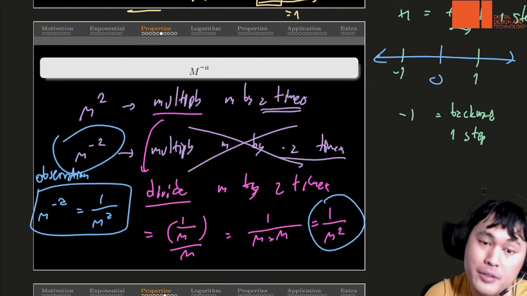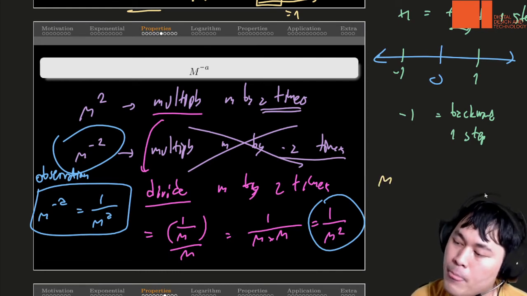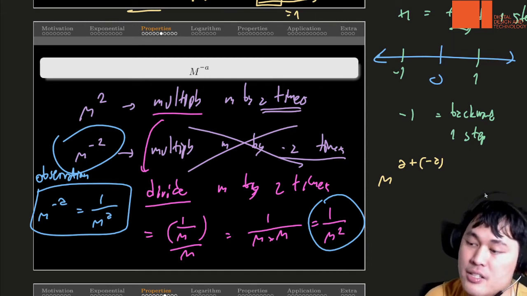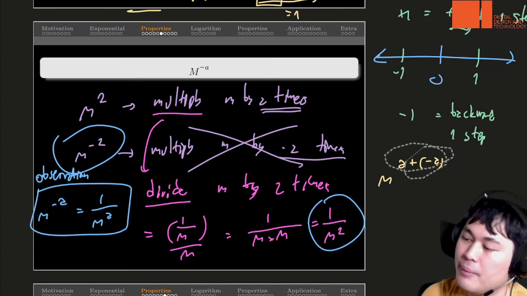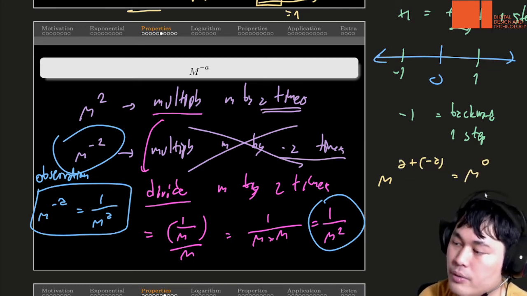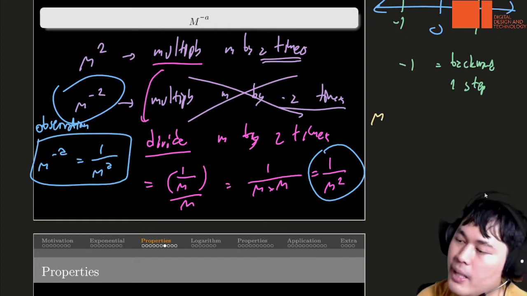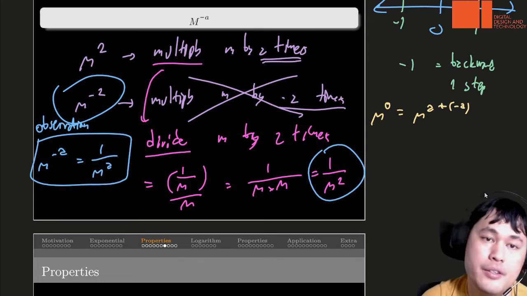But the correct way to prove this is to notice that we can use the property we just have, which is the addition. So you don't know minus a, right? But we know that if you add that to a, you get a minus a, which is 0. Or I should write it this way: m to the 0 is m to the a plus minus a, because that's 0.